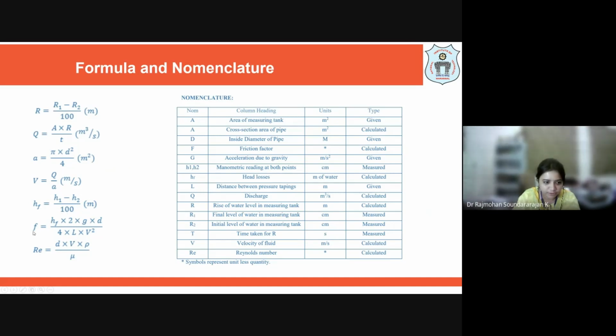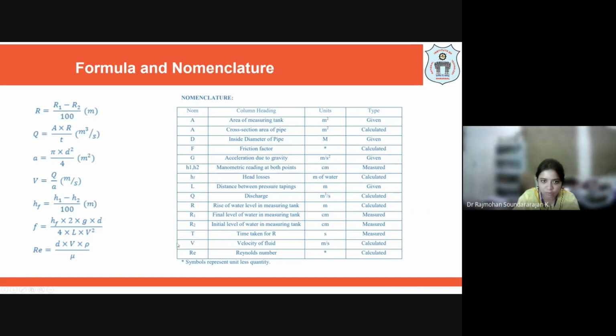And the friction factor equals HF into 2 into the acceleration due to gravity into the inside diameter of the pipe divided by 4 into the length into v square, where v is the velocity. And Reynolds number, as we know, is denoted by d v rho by mu, where mu is the viscosity and rho is the density.